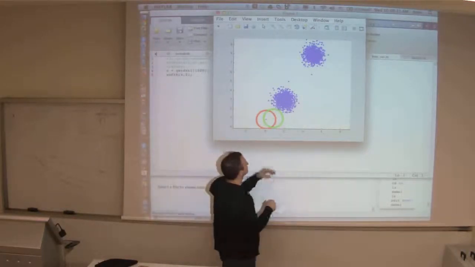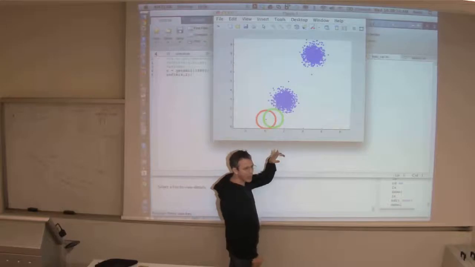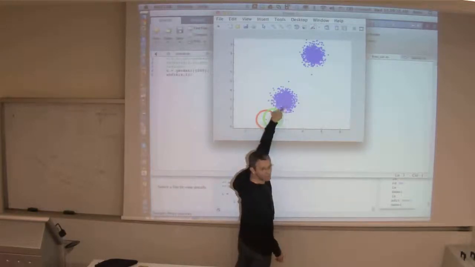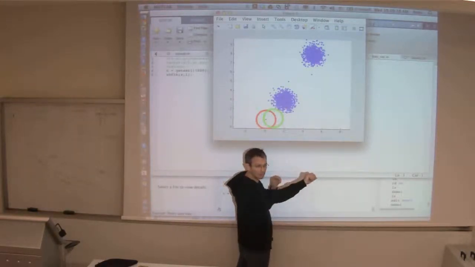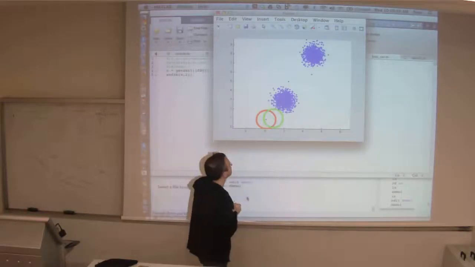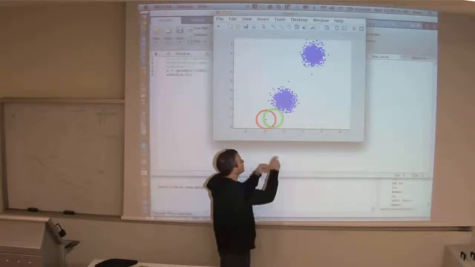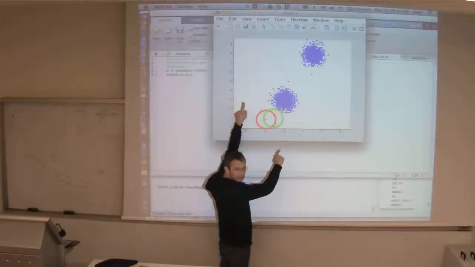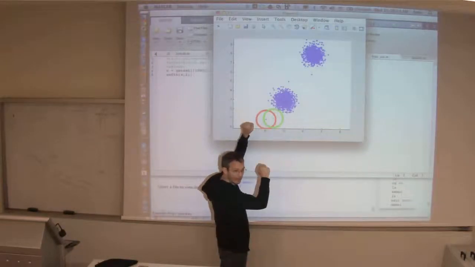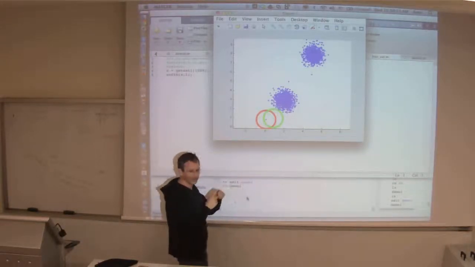This is for cases where the covariance is not diagonal. You can get shapes like ellipses. Anyway, this x1 and x2 is two-dimensional. So the covariance is a 2 by 2 matrix.